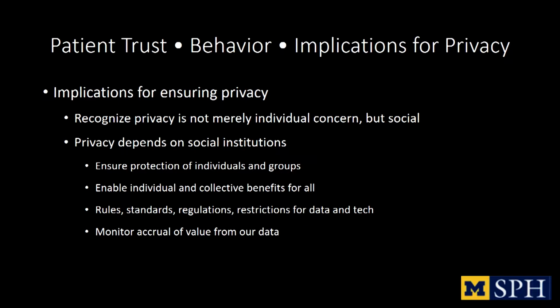So without social institutions governing and guaranteeing privacy, other important behaviors and social processes can break down, like confidence in healthcare providers in general, confidence in the data systems and the safeguards that we have in place, participation in research, maybe even democracy itself. But that's another talk.